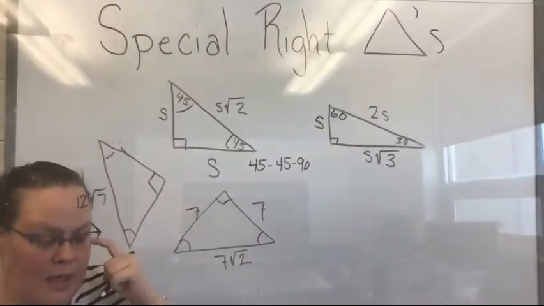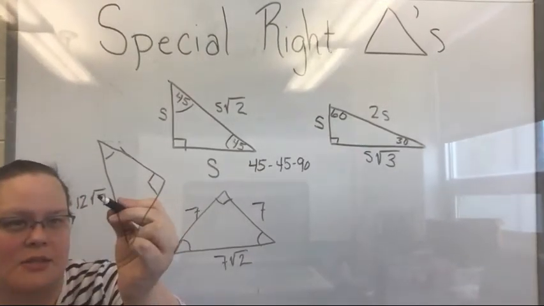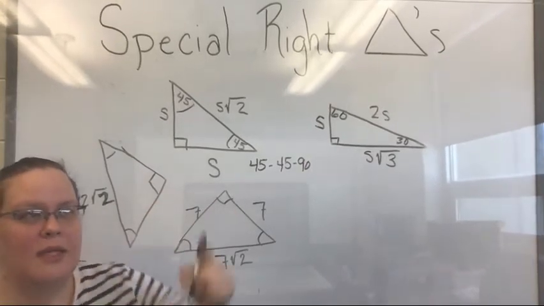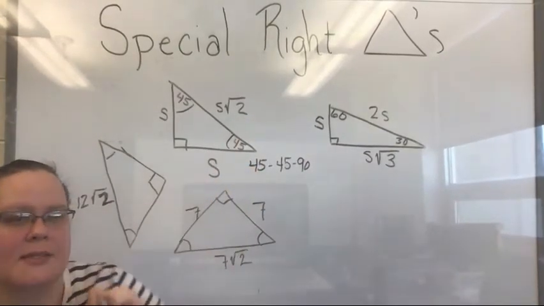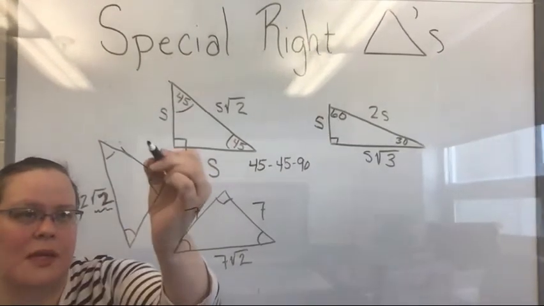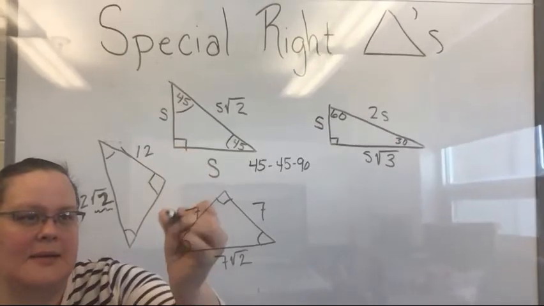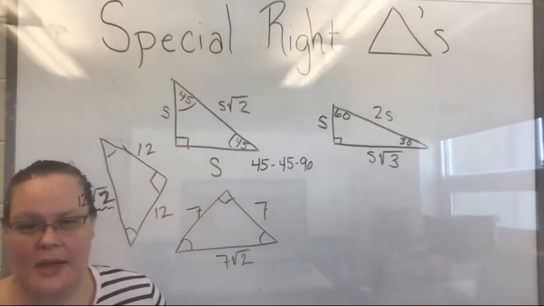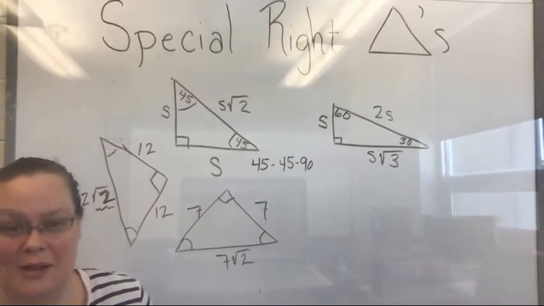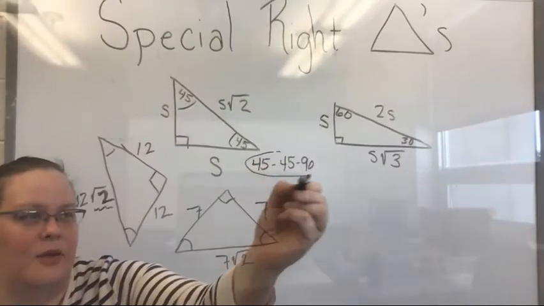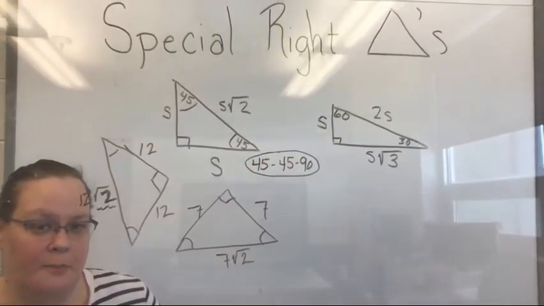Let's make it nice and easy. So what we need to do is fill out those other sides. Well, this already has that square root of 2, so we know that these sides must be 12, and it's going to fit that pattern. Okay, so this is the first of what we call a special right triangle, that 45, 45, 90 triangle.